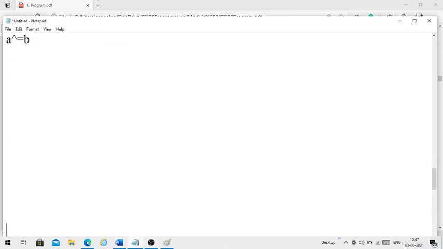If I want to check whether A is greater than B, I will write like this: if A is greater than B, then I will write printf "A is greater", else printf "B is greater".